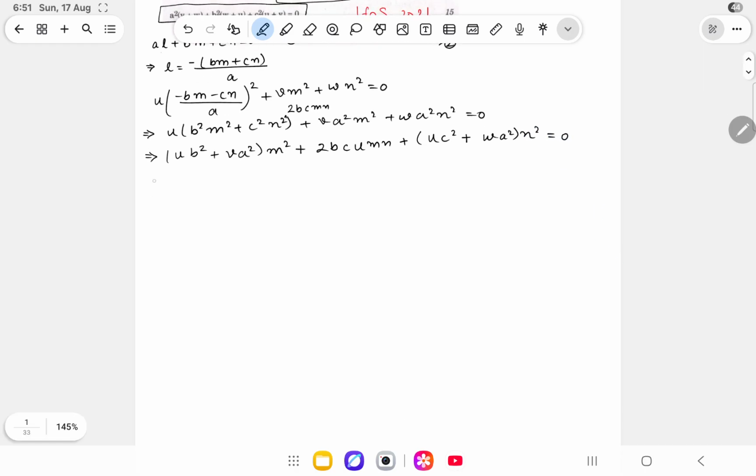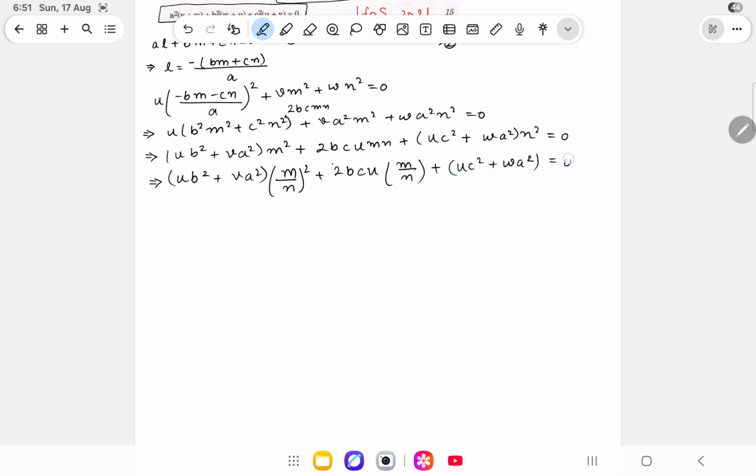Now if I divide this whole thing by N square, I'll get a quadratic equation in M by N: (UB square plus VA square) (M by N) square plus 2BC (M by N) plus UC square plus WA square equals 0.